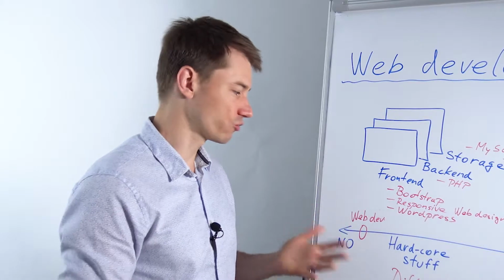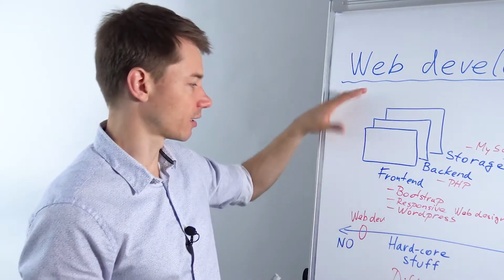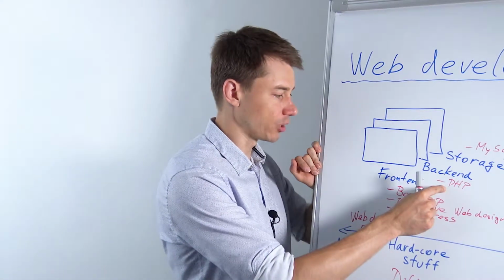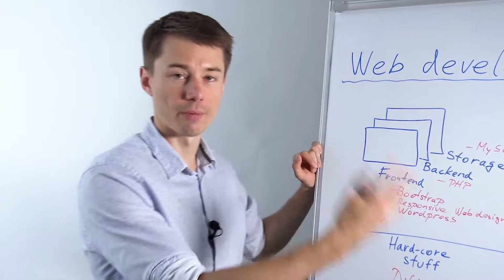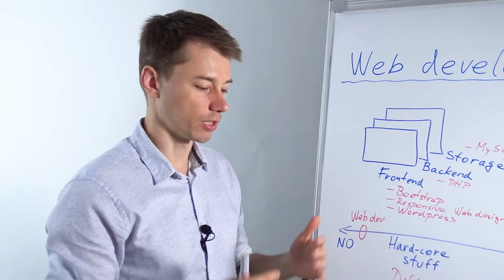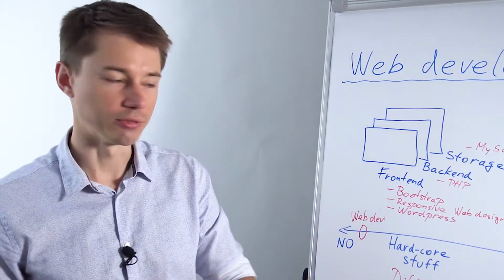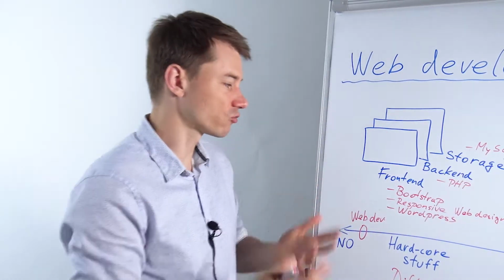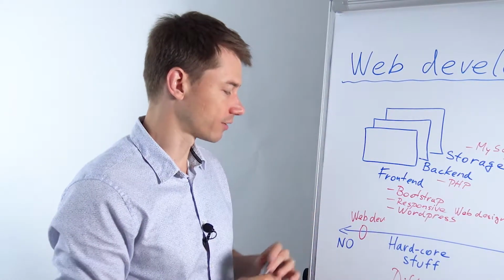So it's not really difficult these days to create a website. You can use, for example, PHP or .NET on the back-end side to create some APIs if you need the website to be dynamic, which is usually the case, to store some data. But yeah, it's not really hardcore stuff.